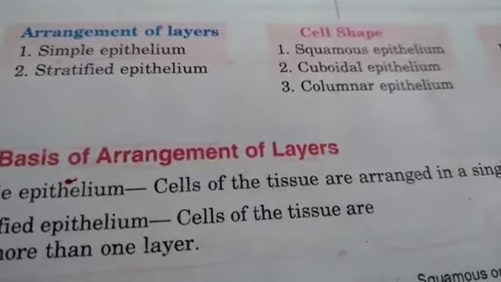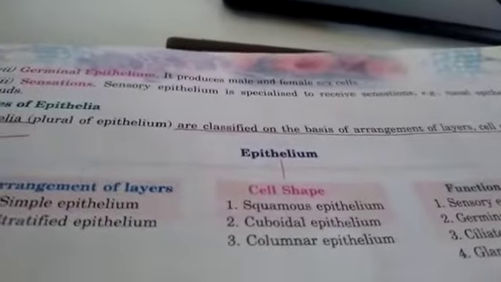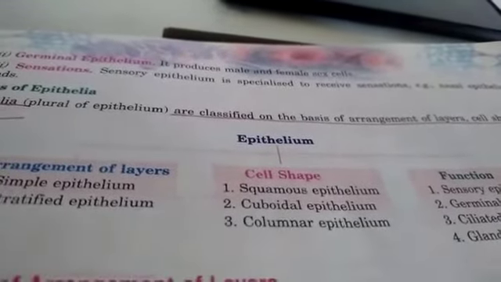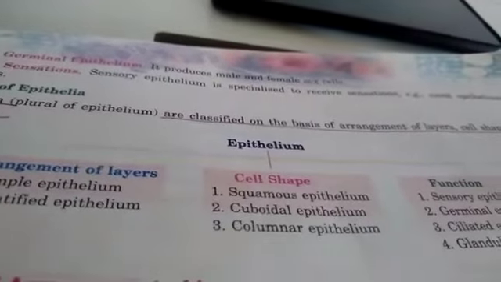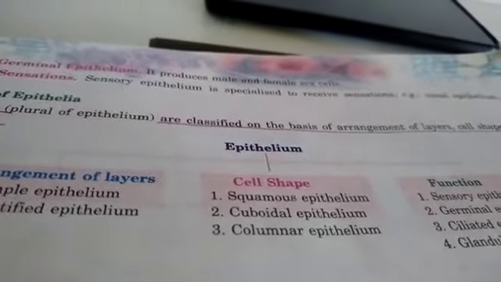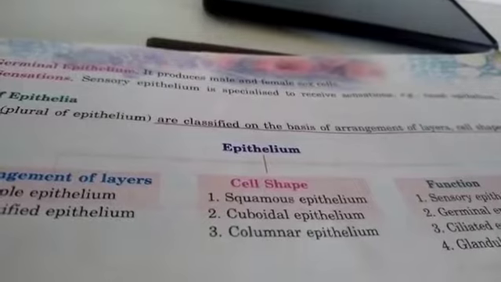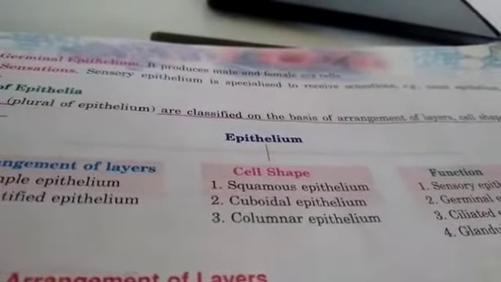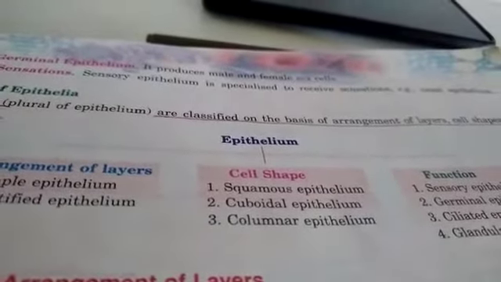The layer is very thin, so materials easily diffuse in and out. Second is stratified squamous epithelium, found in our skin, pharynx, and buccal cavity, where the tissue faces regular wear and tear.